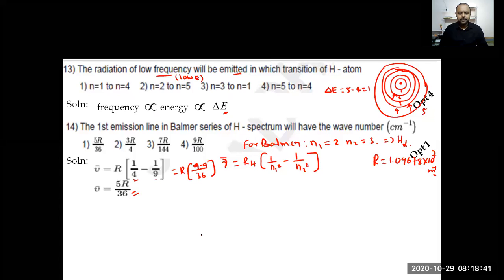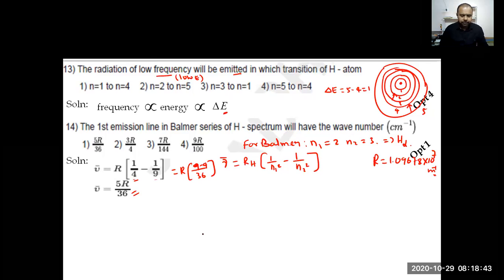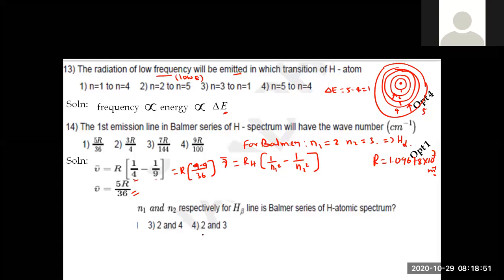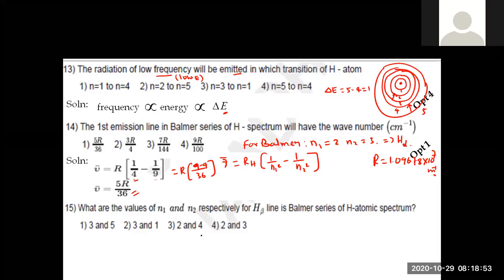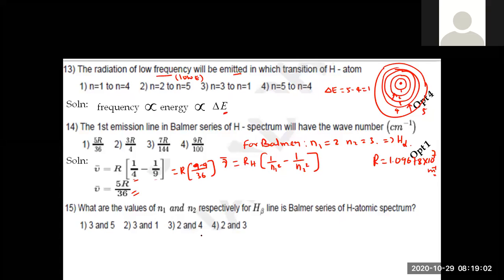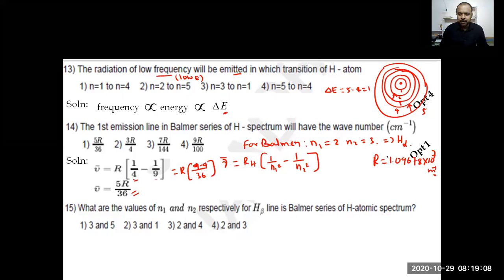Complete? Yes, sir. I'll proceed to 15 now. What are the values of N1 and N2 respectively for the H beta line in the Balmer series of the hydrogen spectrum? Sir, option C. Let me go back to this diagram of the atom.